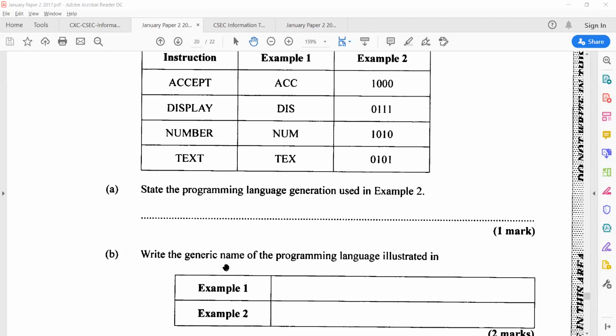So the programming languages have names by which you refer to them, generic names. And what is the name referred to example 1 and example 2? Example 1. Anyone did the homework? Anybody want to give it a try?